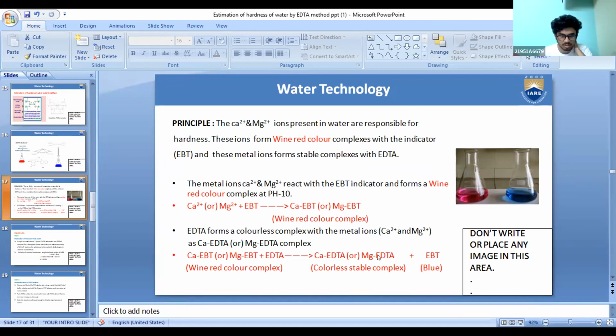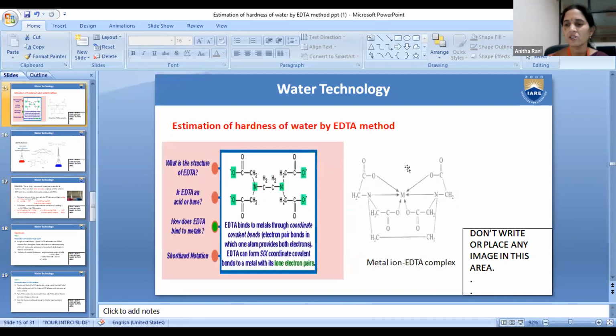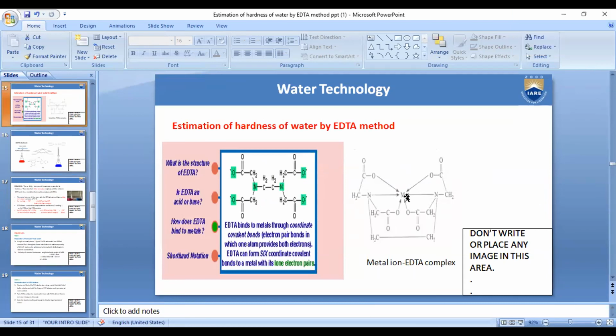A colorless stable complex. What is that complex? Calcium EDTA or magnesium EDTA complex. This is the metal ion EDTA complex. Clear, everybody now? Yes, ma'am.